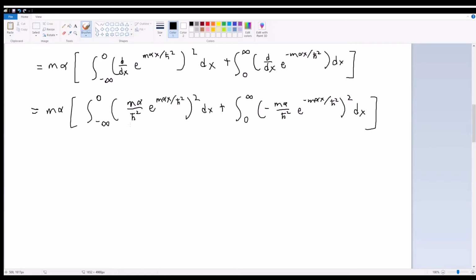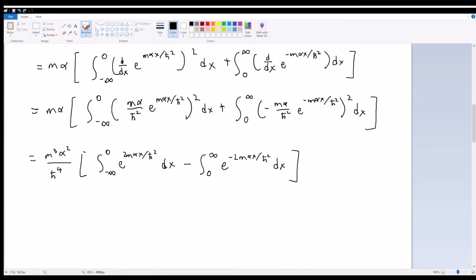We can immediately take the square of this and distribute it out. So what we have is m cubed alpha cubed divided by h bar to the fourth multiplied by the integral from negative infinity to 0 of e to the 2m alpha x divided by h bar squared dx, minus the integral from 0 to infinity of e to the negative 2m alpha x divided by h bar squared dx.